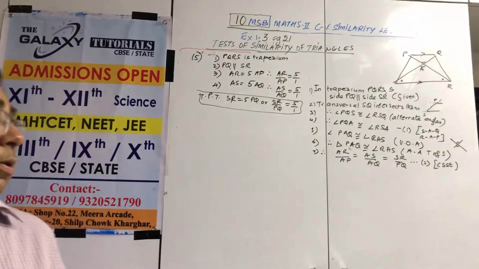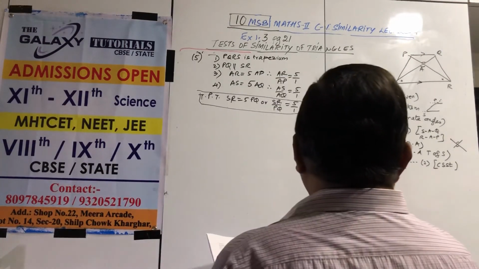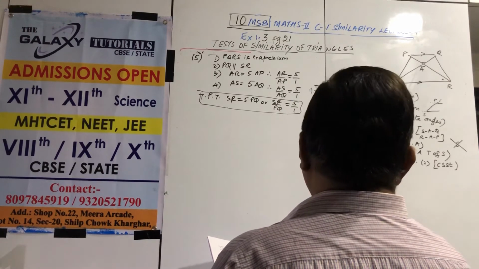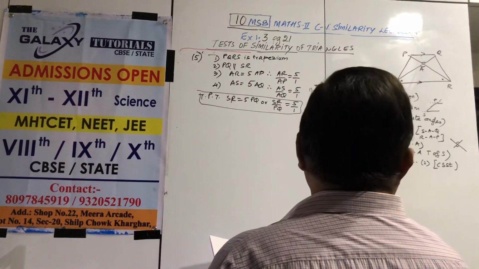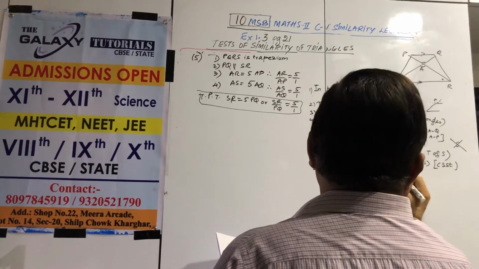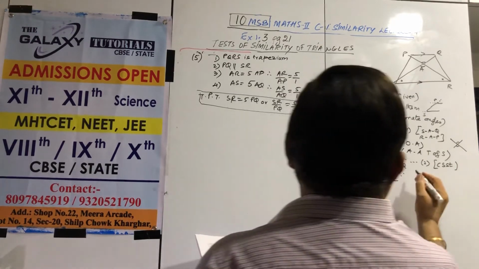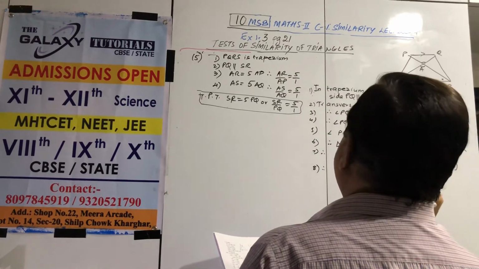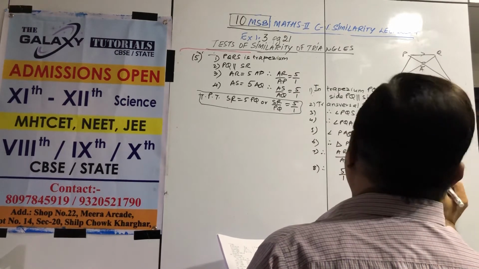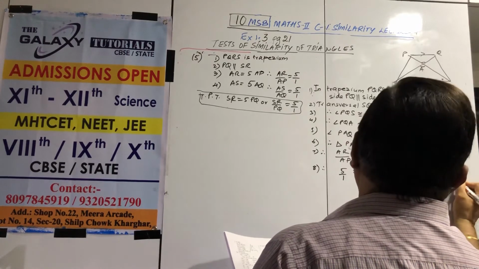Now we are given measurements. Therefore, eighth, AR upon AP is 5 upon 1. Therefore, SR upon PQ, because we are getting this from given, AR upon AP is 5 upon 1 and AS upon AQ is 5 upon 1, given.